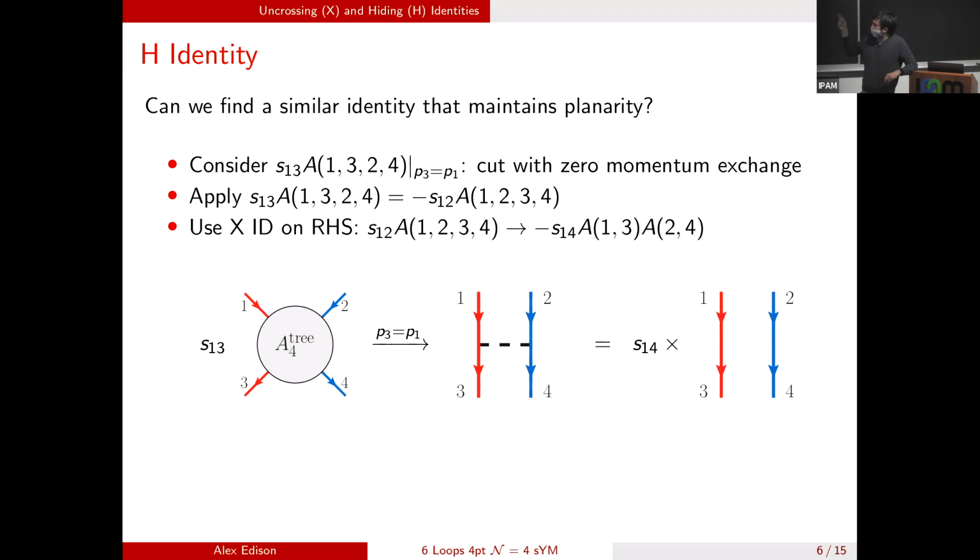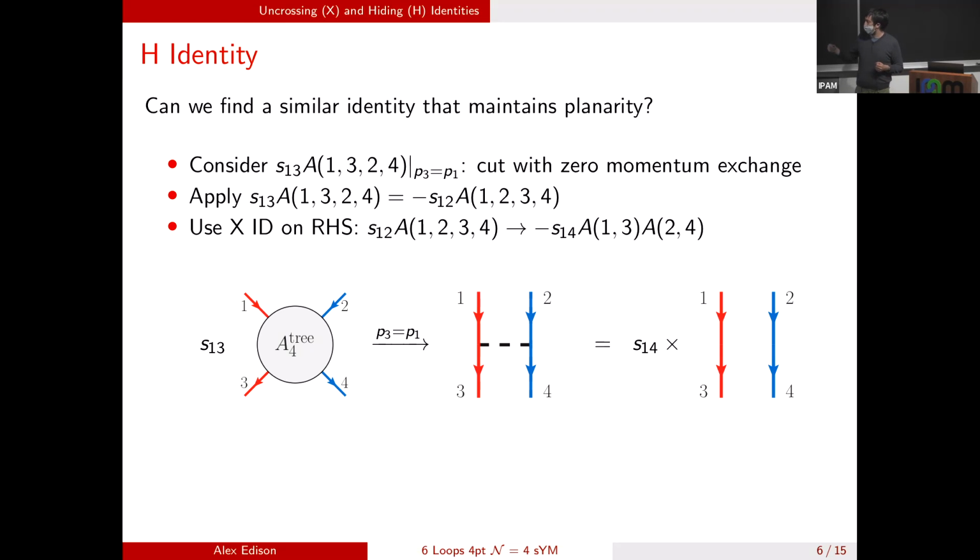And also you can combine this 0 momentum exchange factorization with the 4-point BCJ relations, so the amplitude relations. And then on one side, you get this factorization with 0 momentum exchange, but on the other side, you get a disconnected diagram because the other side is just the X identity.